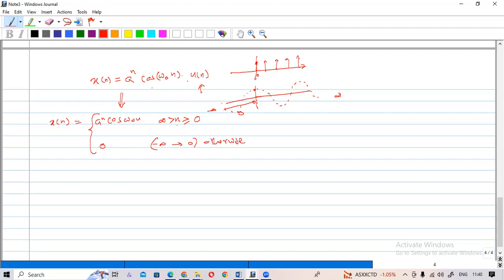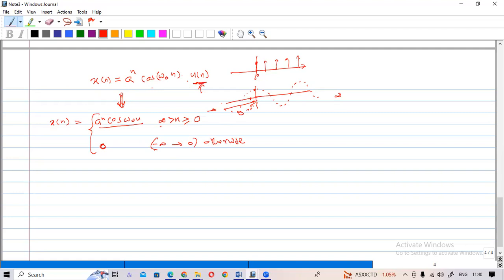If n is in this range, 0 to infinity, this will be x[n], and from minus infinity up to -1, it will be 0. These are the same representations.